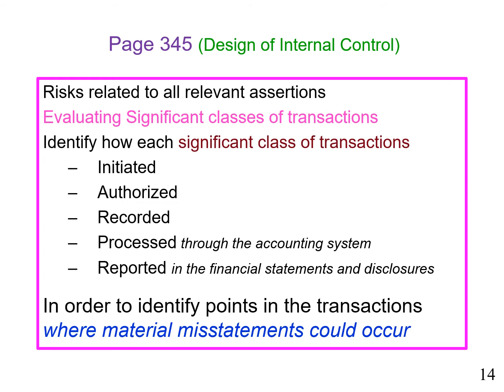Okay, so in 321, that's how to get from the general journal into the general ledger. How's it reported in the financial statements? How's it get from the general ledger to the financial statements? And the disclosures. Don't forget the disclosures. And we're going to identify points in the transaction where misstatements could occur.